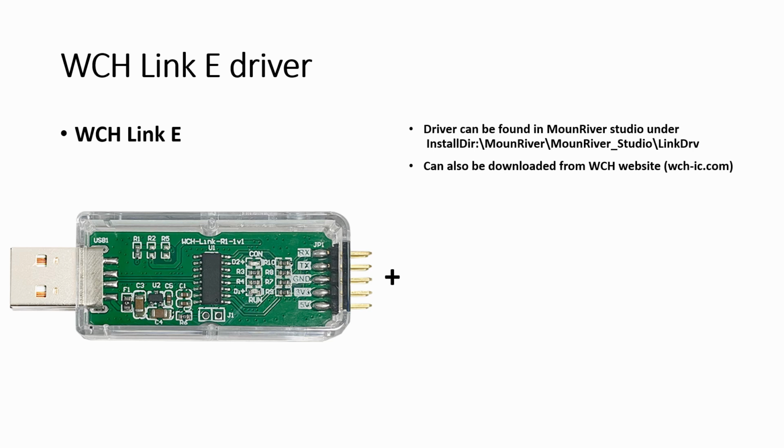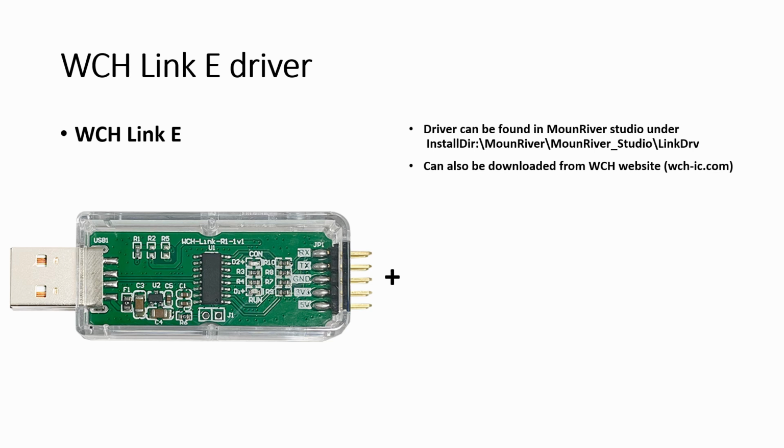Now, on a side note, if you're having problems deploying your link or establishing a connection, that could be because you do not have the proper drivers installed. To do this, you can go on the WCH webpage and download the WCH Link E driver and make sure it's installed.